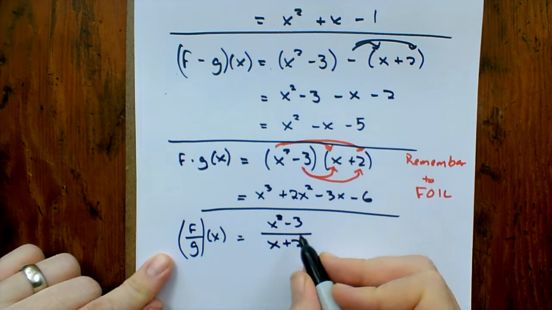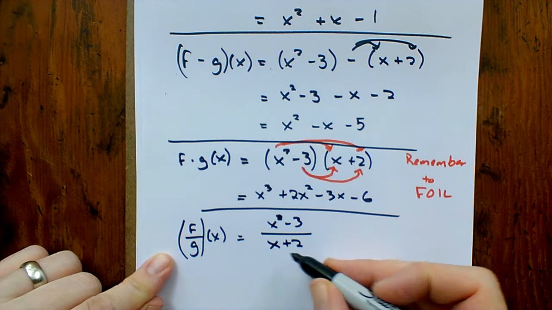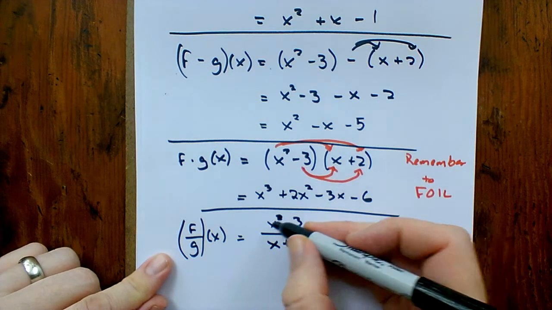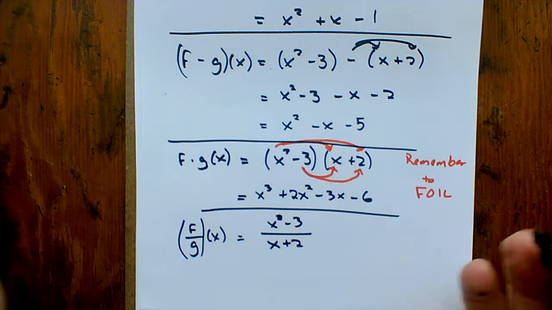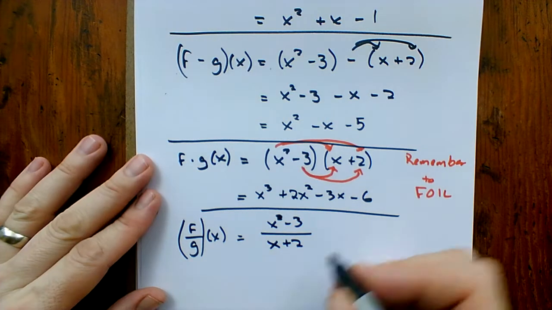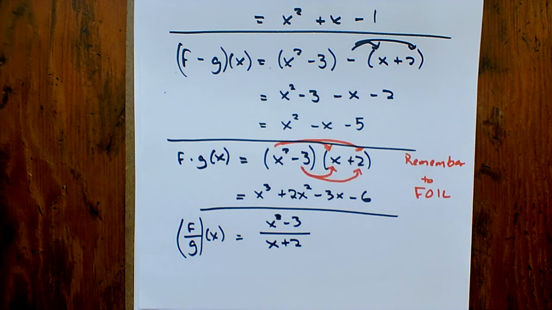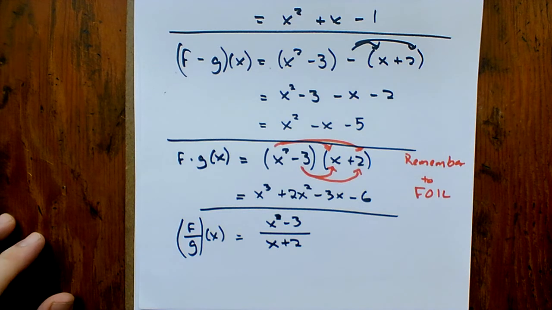And at this point, if I could factor and reduce, I would. This top expression is the only thing that could potentially be factored, since I've got a squared term here and I don't have any greatest common factors. At this point, this is done. I can't reduce anything here. So that is all we have for this.